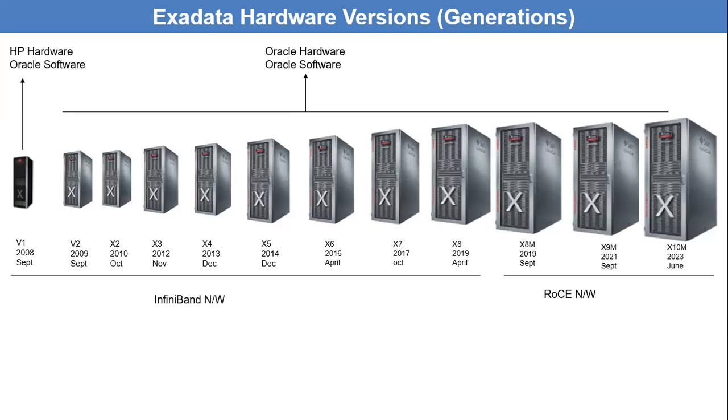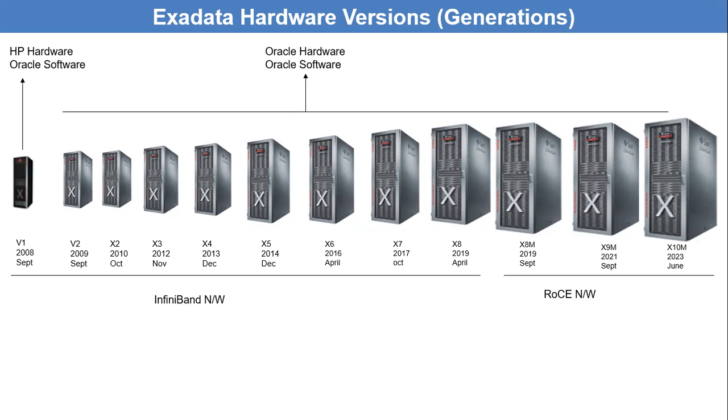Later, Ethernet also started supporting RDMA. That is called a RoCE network. It is the same Ethernet network, but now it is more enhanced, more powerful, and it also supports RDMA, like InfiniBand. So that is called a RoCE, RDMA over Converged Ethernet. So it is the Ethernet networking technology that is RDMA capable.